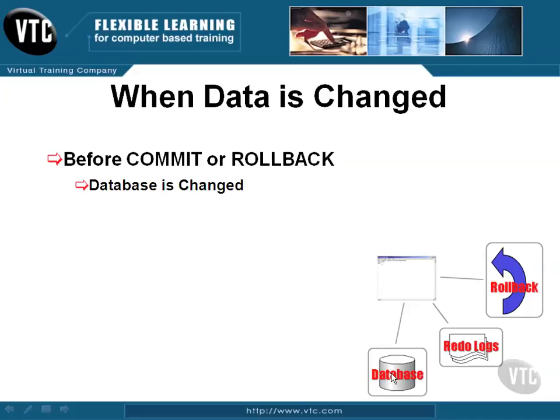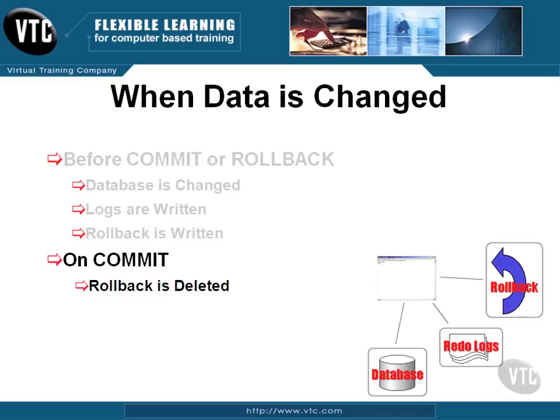It changes the database, regardless of whether commit or rollback has been issued or however many transactions you have in a transaction block. The logs are also written to. Why? Because if you want to redo something or recover the database because it fails, the way it recovers it is by reading the redo logs, so they have to be written straight away as well. The rollback is written third.